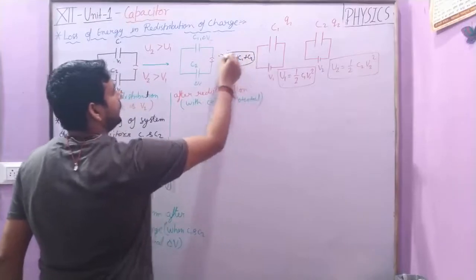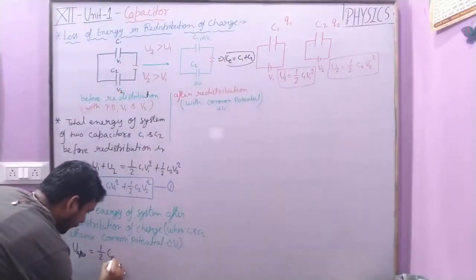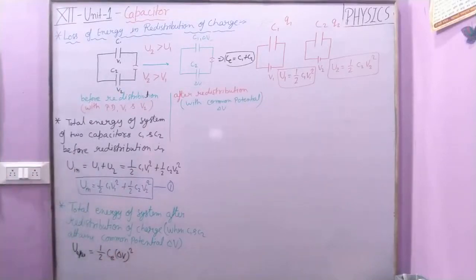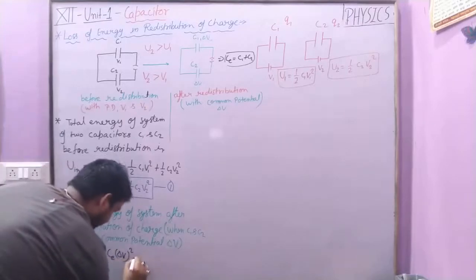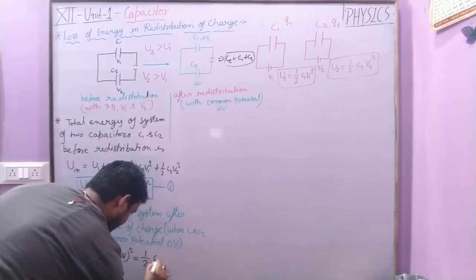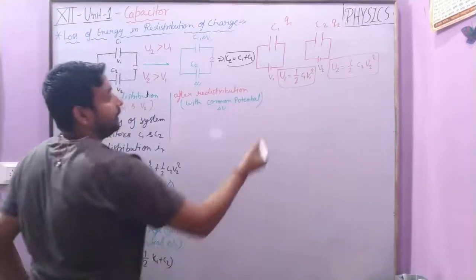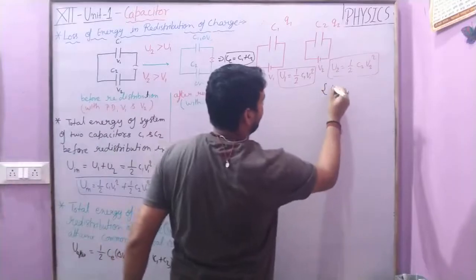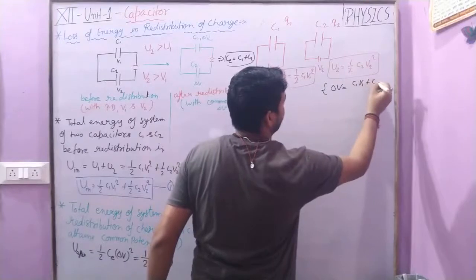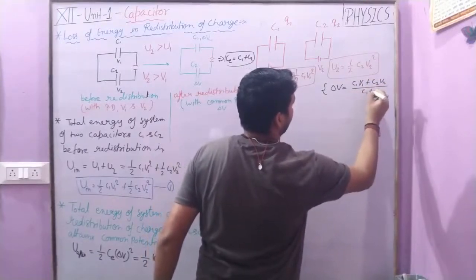By using this we get half C1 plus C2 del V square. The value of del V is C1 V1 plus C2 V2 upon C1 plus C2.